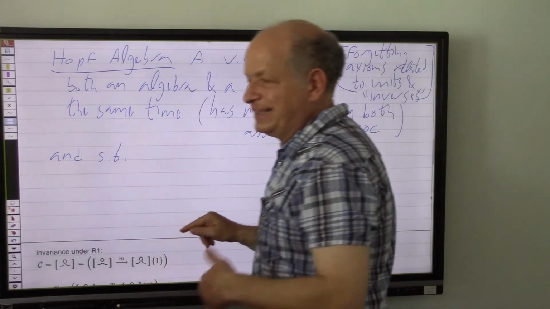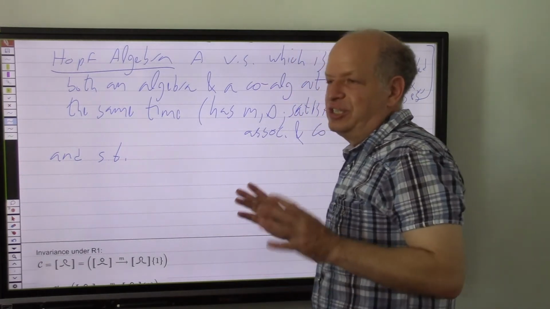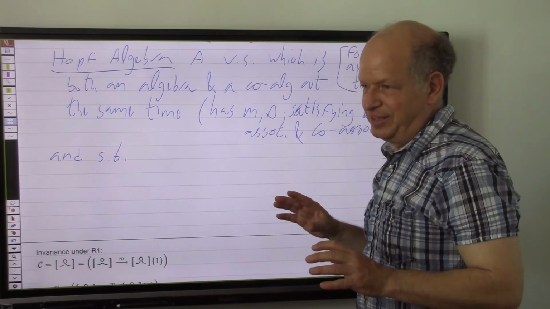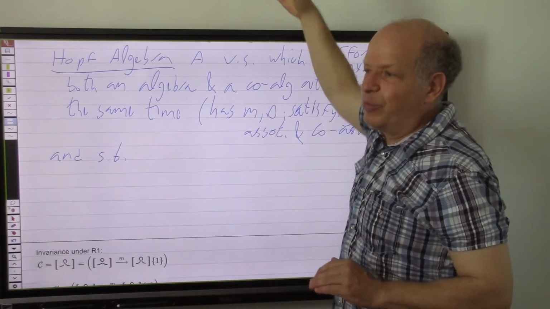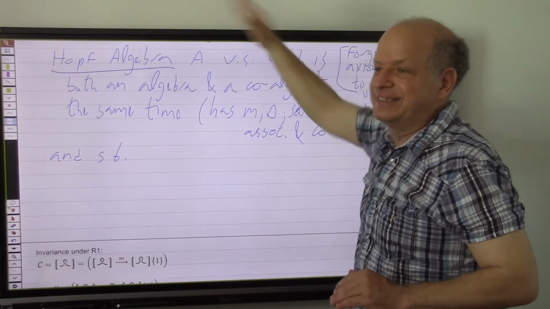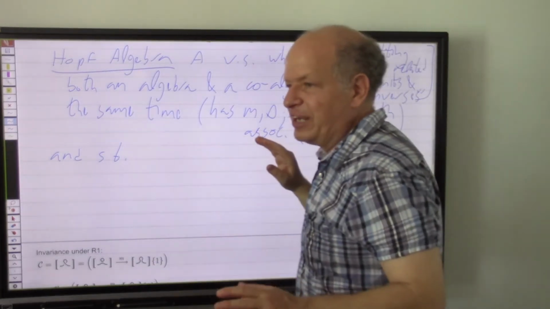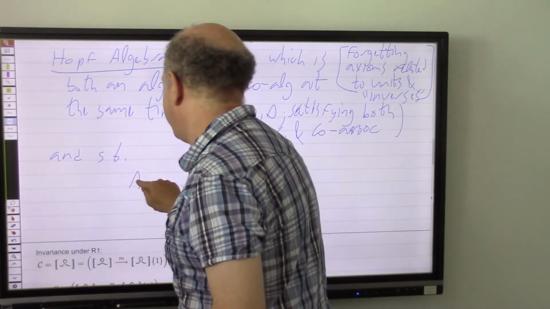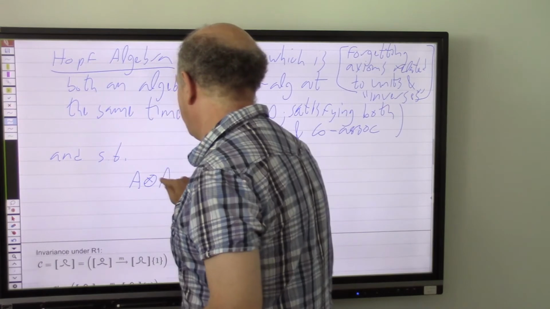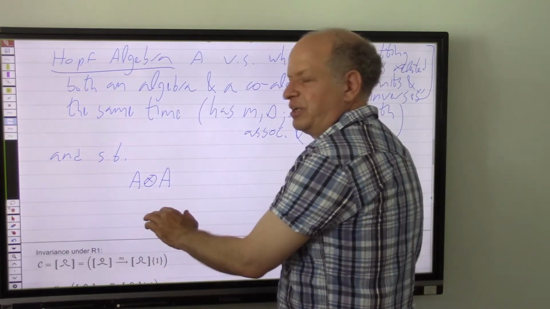Now, what is the compatibility condition? The compatibility condition is a bit hard to write, and it's also where we diverge from what we need. What we need is something else. So I'll write it very briefly. If A is an algebra, there is a standard way to turn A tensor A into an algebra.